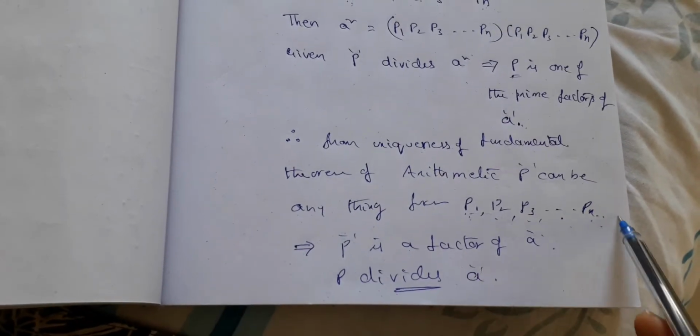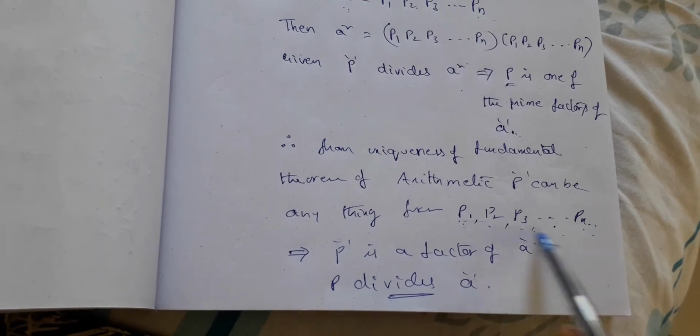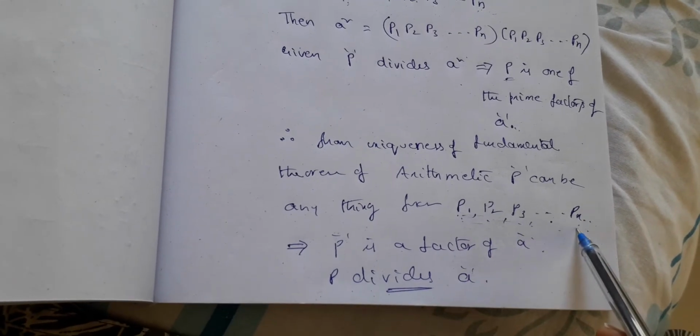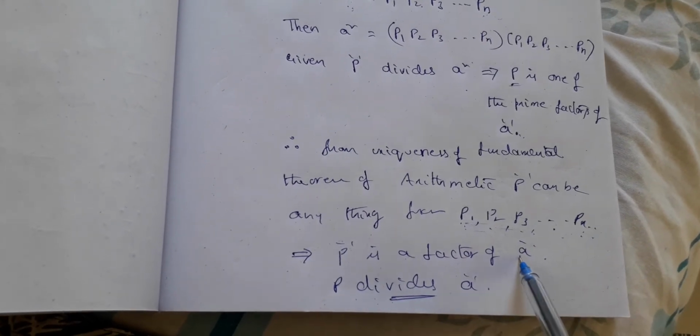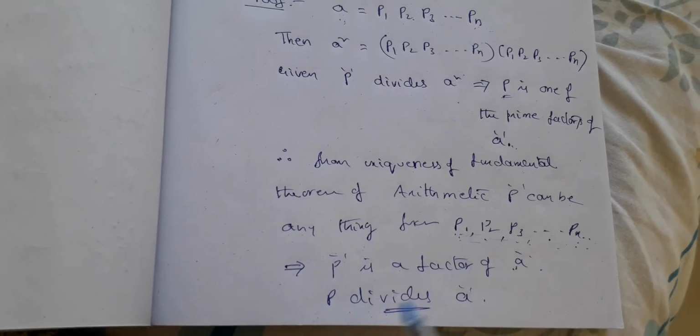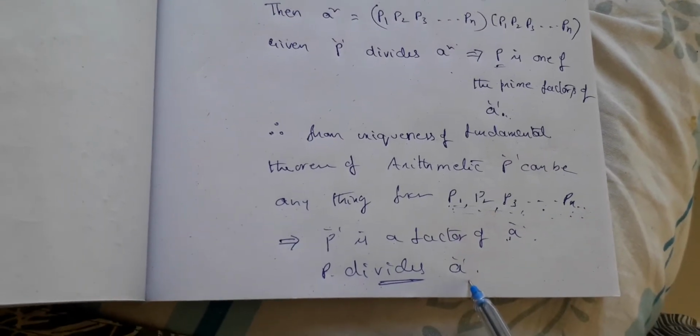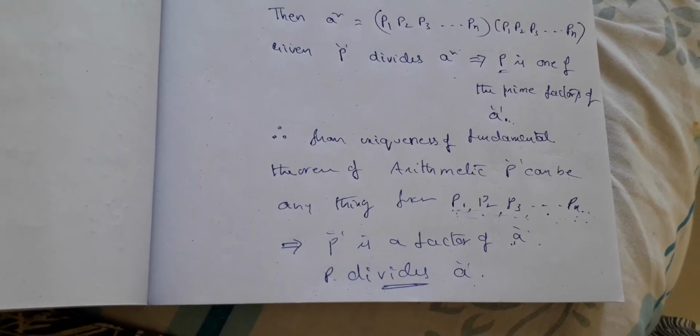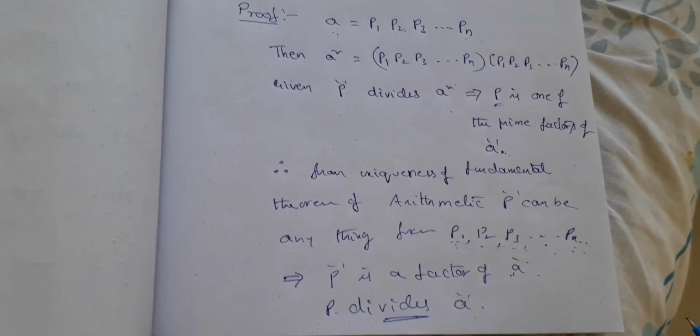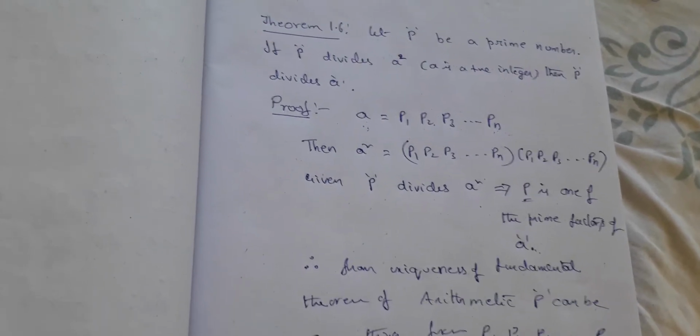These values we have considered are the prime factors of A. So thus P also divides A. When P is a factor of A, it implies that P divides A. Hence proved. So this is the theorem.